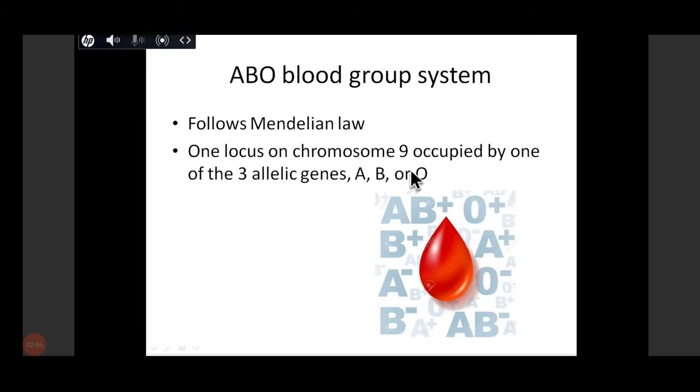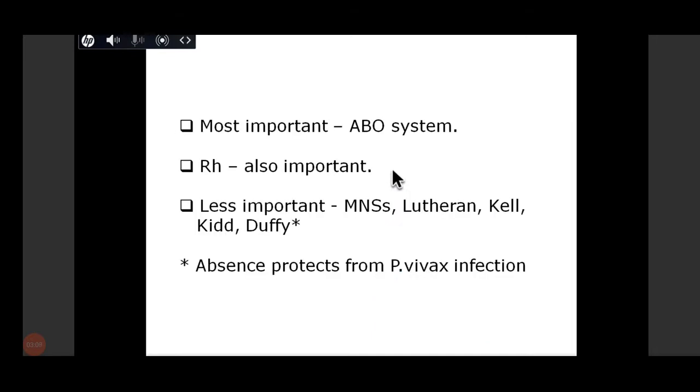Okay, so this follows the Mendelian rule. All of you must know how a baby gets the blood group depending on the blood group of the parents. The most important, as I've said, is the ABO system and Rh system. I believe you must have done hemolytic disease of the newborn, which is also important.